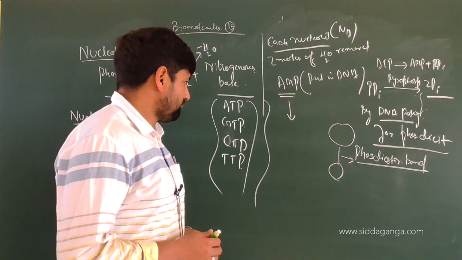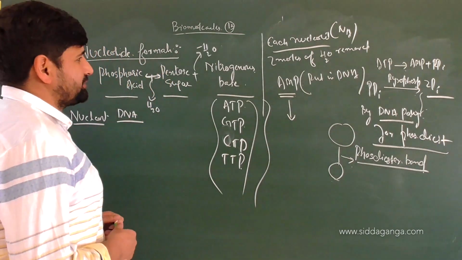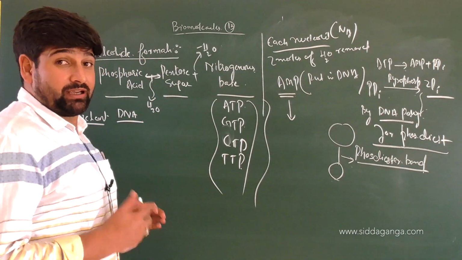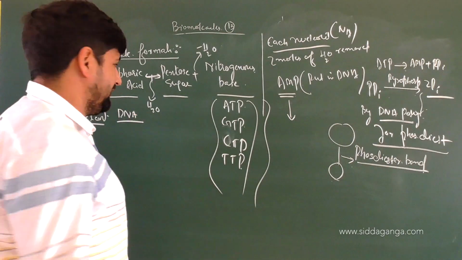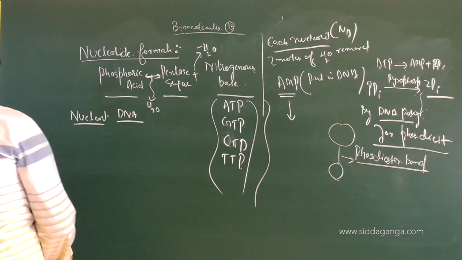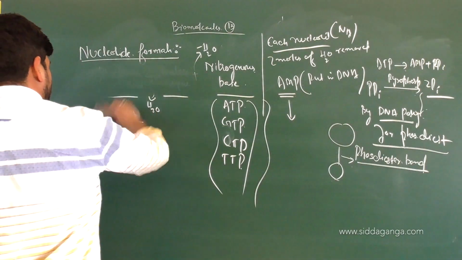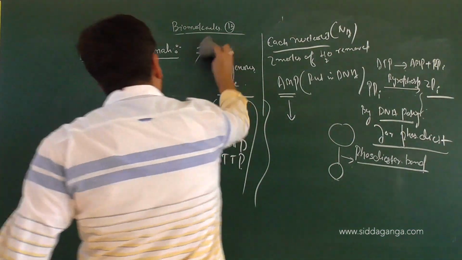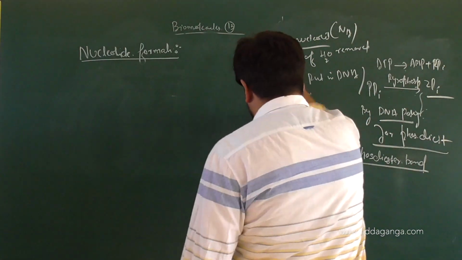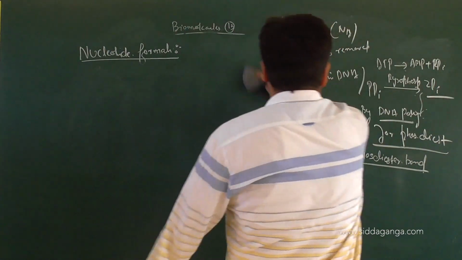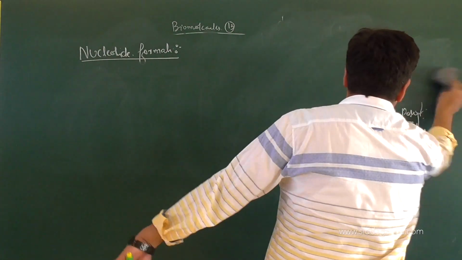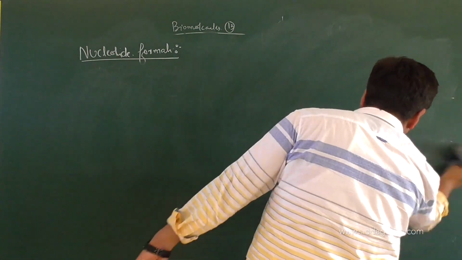Now, how exactly does the structural part come into play? I am making things clearer at the fundamental, basic level. So how exactly will the synthesis come into play? When nucleotide formation occurs, remember, in the cell nucleotides will be found in the form of triphosphates, right?